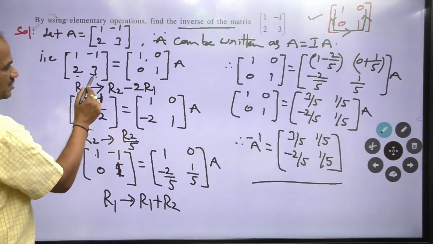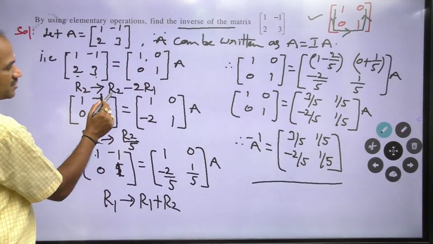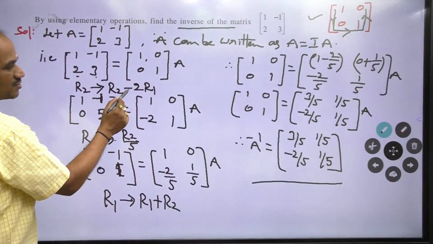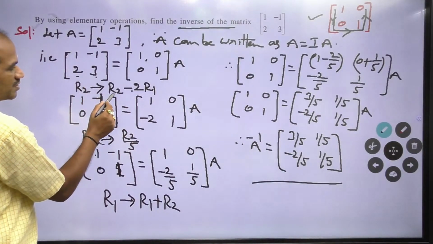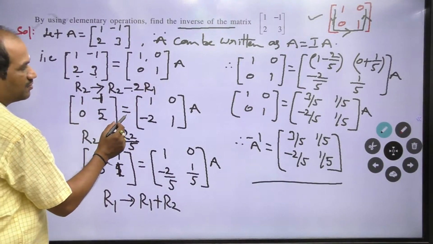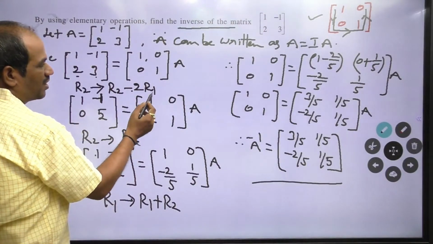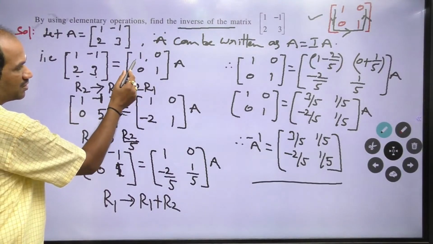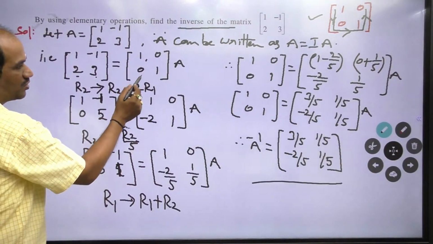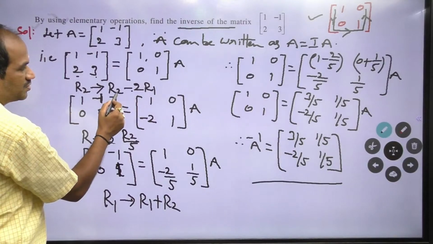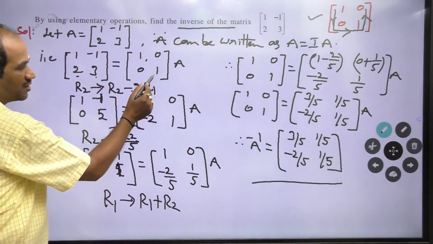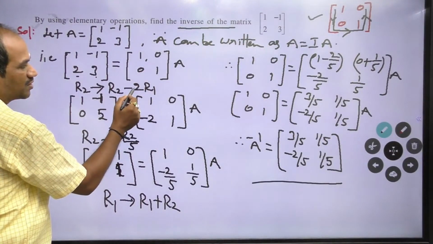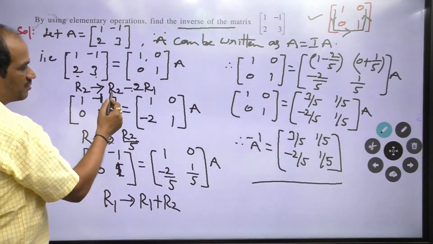Next, the R2 element is 3 minus 2 into the R1 element minus 1, so 3 plus 2, that is 5. Then 0 minus 2 into 1 is minus 2, and 1 minus 2 into 0 is 1.